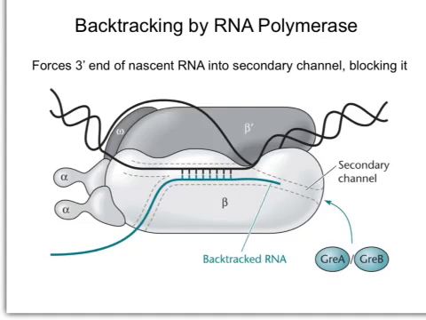And this is done by two proteins called GreA and GreB. GreA and GreB are able to enter the secondary channel, and the N-terminus of these proteins interacts with RNA polymerase to cleave this RNA back to a 3' end that is at the site where new nucleotides can be added. So the backtracked RNA is cleaved and removed, and that requires the action of these proteins.